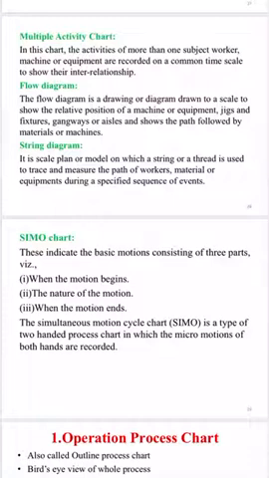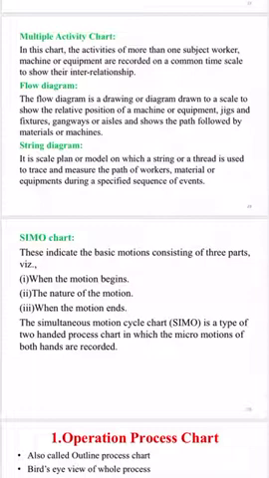Okay, so the simultaneous motion chart is a type of two-handed process chart in which the micro motions of both hands are recorded. So SIMO chart is nothing but a two-handed motion chart in which we record all the micro motions of the two hands. Okay, so these are the recording techniques.